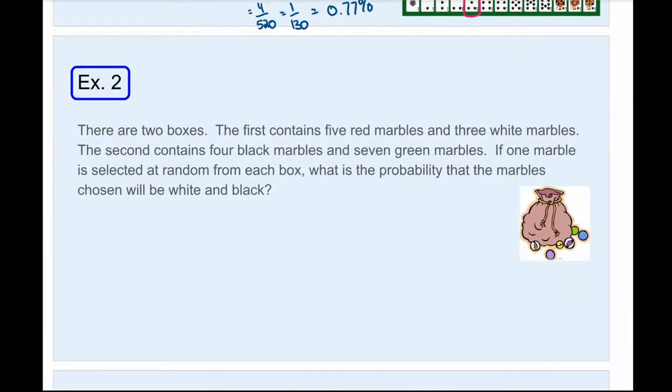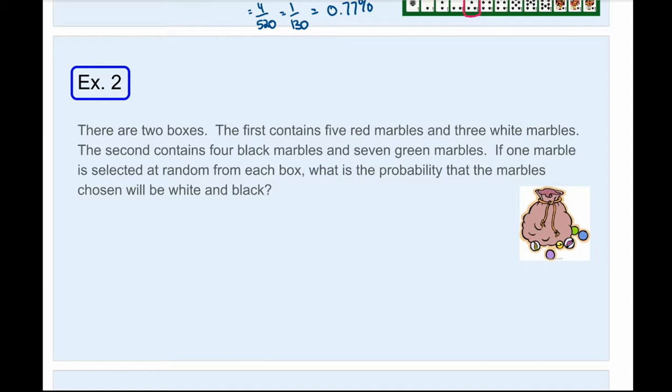Example 2. There are 2 boxes. The first contains 5 red marbles and 3 white marbles. The second contains 4 black marbles and 7 green marbles. If one marble is selected at random from each box, what is the probability that the marbles chosen will be white and black? There's quite a lot going on here, a few numbers. Let's read through it again and underline some key things.